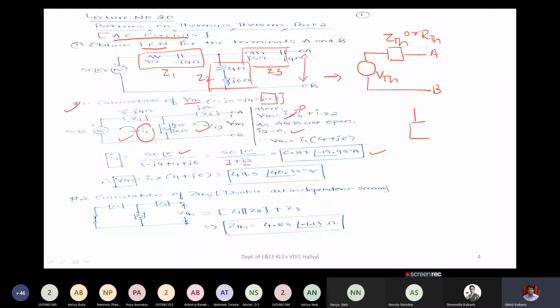If you consider Z2 only, we have I1 current and in the opposite direction I2 current, which is 0. So VTH is equal to I1 times Z2. I1 times Z2, with Z2 as 4 plus J6, gives you this voltage.